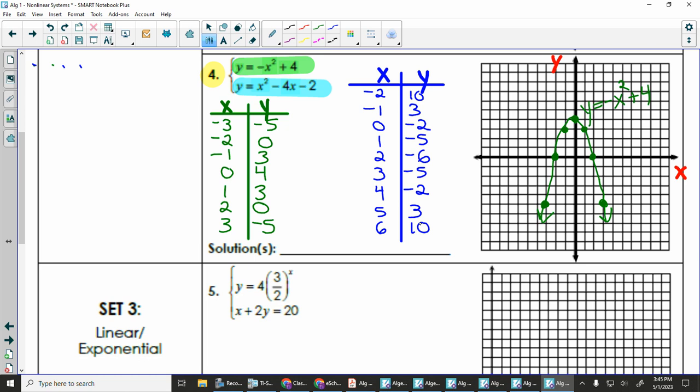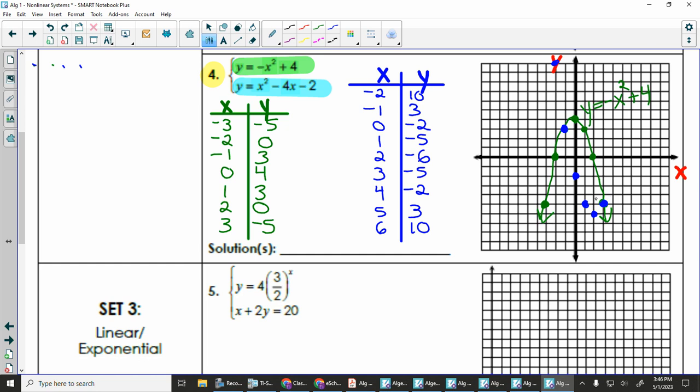So now we're going to plot all those points. So we have negative 2, 10, negative 1, 3, and notice I'm landing right on the green graph. 0, negative 2, 1, negative 5, 2, negative 6, 3, negative 5, and notice again I hit my green graph.